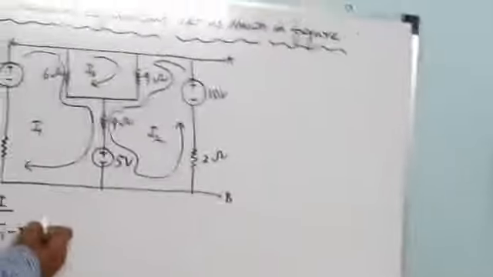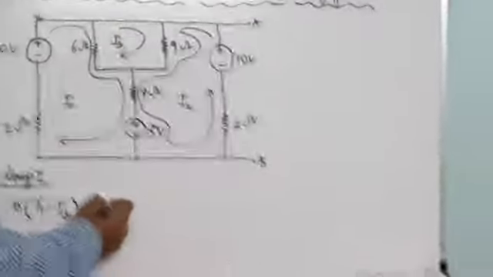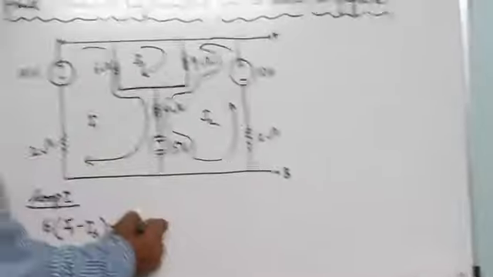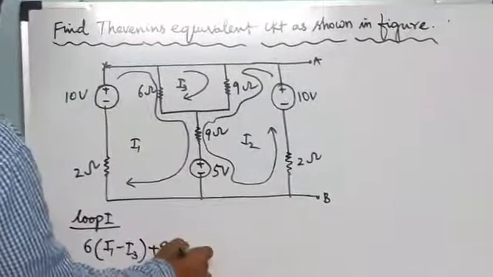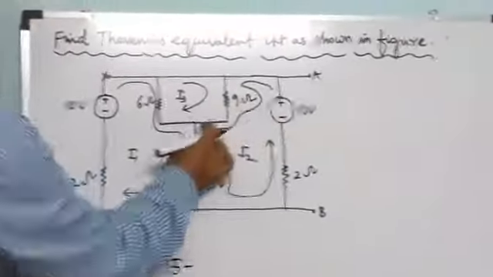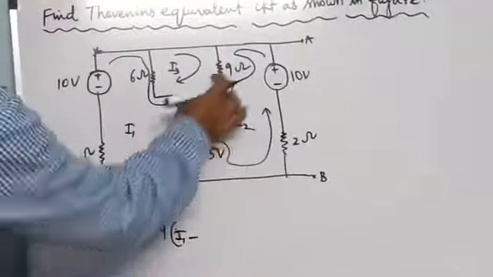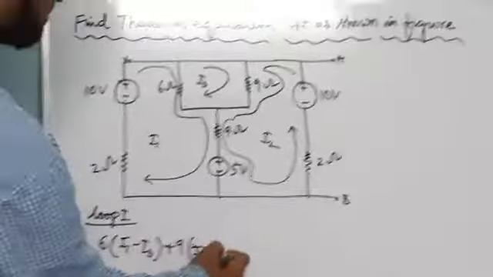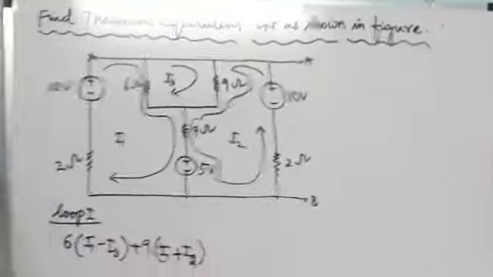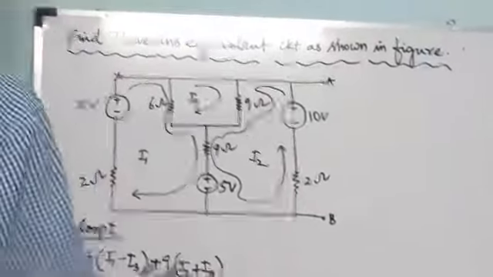Next, plus 9, I1 current first. This and this are both in the same direction, so I2 is also plus. So 9 into I1 plus I2.